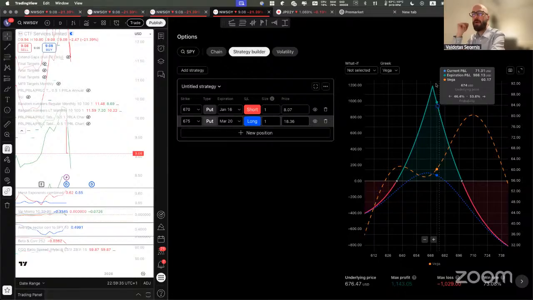You keep your 800 premium, but now you have this 675 put to keep, and you can make a decision that you are keeping this put. And now basically you have that same option that you wanted to buy, but instead of paying 2,000, this strategy gave you 800 back, and you keep this 800.